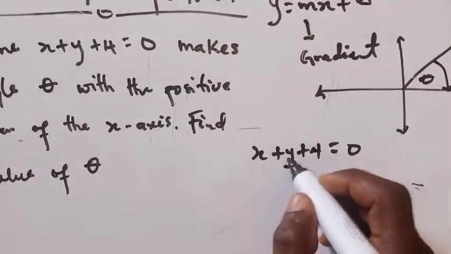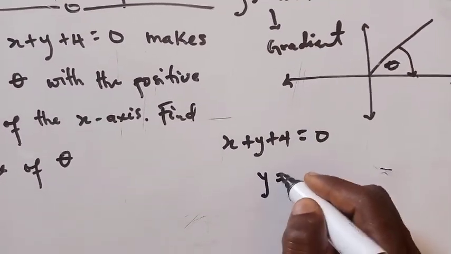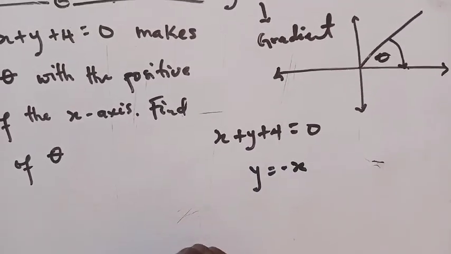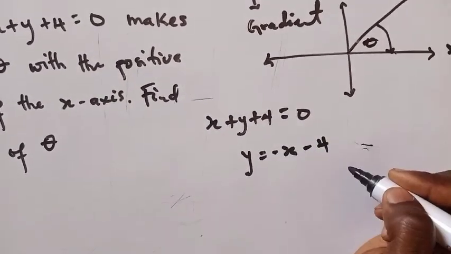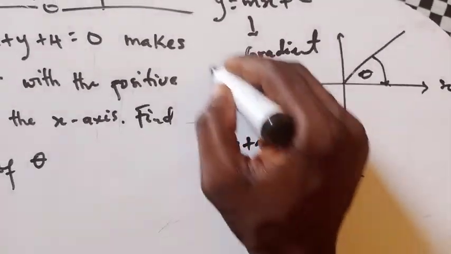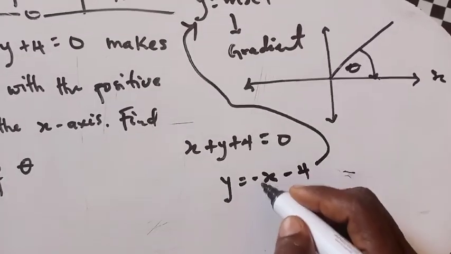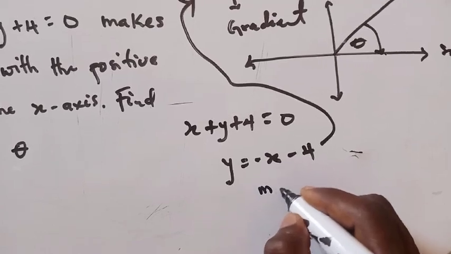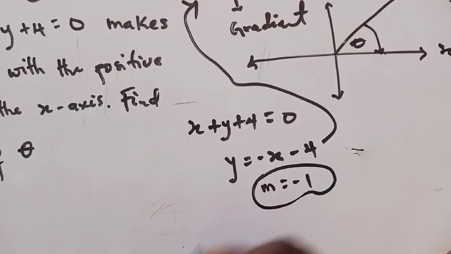We are given x + y + 4 = 0. We want only y on one side, so we move the x across the equal sign, and the 4 also goes across, giving y = -x - 4. This looks like the slope-intercept equation, so we can declare that the number attached to x is our gradient. That is -1, so this is our gradient.